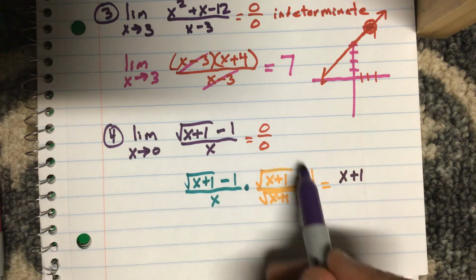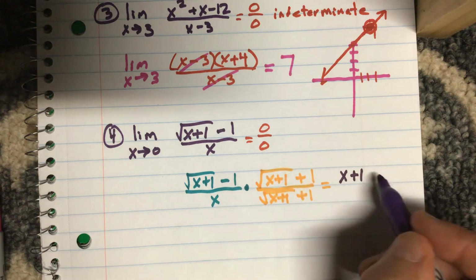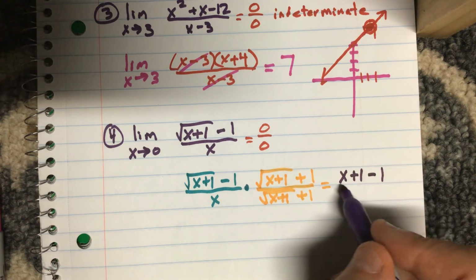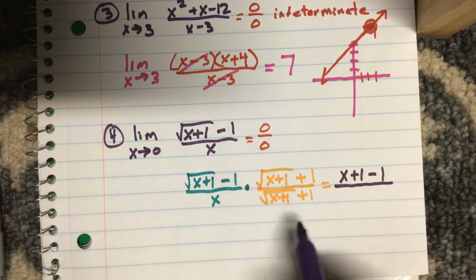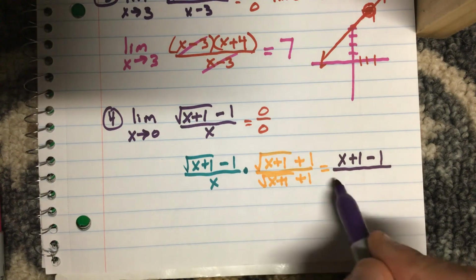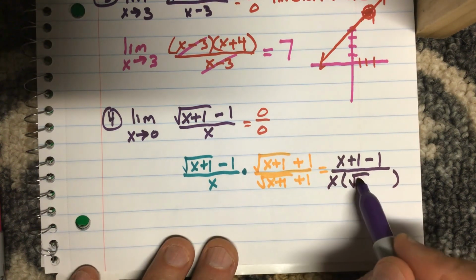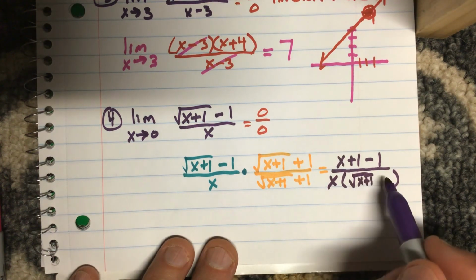Again, when you're doing FOIL, this and this will cancel each other out, and then you just have negative 1 times positive 1, which is negative 1. You can work that out on scrap just so you can see it, but that's what you get in the numerator. At the bottom, I would just leave it like this for now, x times square root of x plus 1 plus 1.